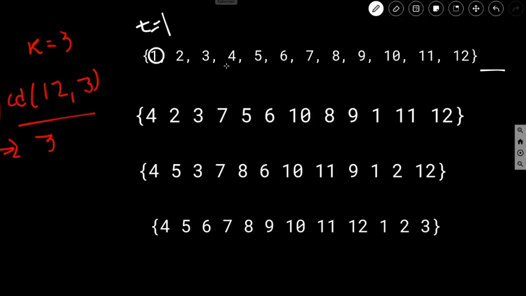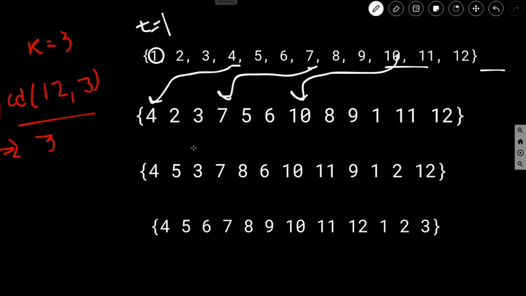We will start shifting by 4, then 7, then 10. So in place of 1 we will put 4, in place of 4 we will put 7, and in place of 7 we will put 10.